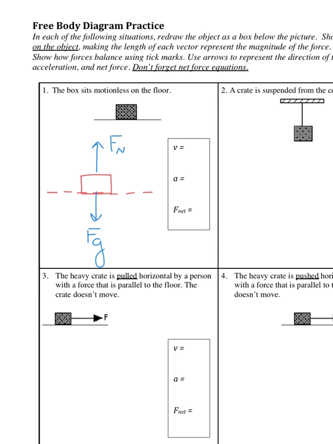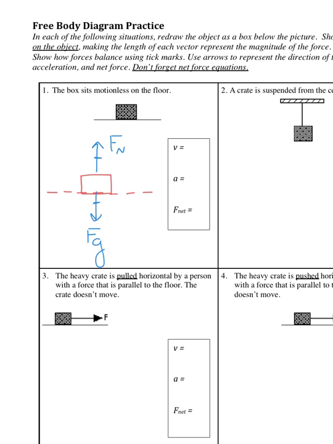Step number 4 on page 56 says indicate which forces have equal magnitudes using tick marks. This box is not moving, so these two forces have to be equal in size, right? Everything up has to be balanced by everything down. Now we're going to fill in this box over here, the velocity and acceleration and the F net.